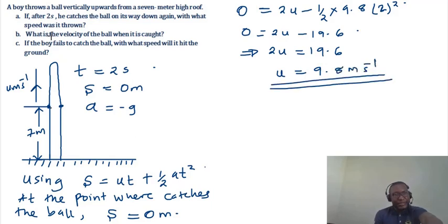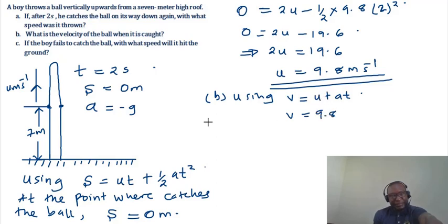Part B. What is the velocity of the ball when he's catching it? Using v being equal to u plus at, we need the final velocity at this point. So we need the v. We know the initial velocity, and that's 9.8. Because the particle is being projected upwards, acceleration is negative g, so this is minus 9.8 times our time t, which is 2 seconds.